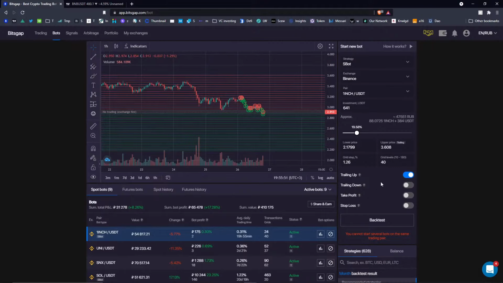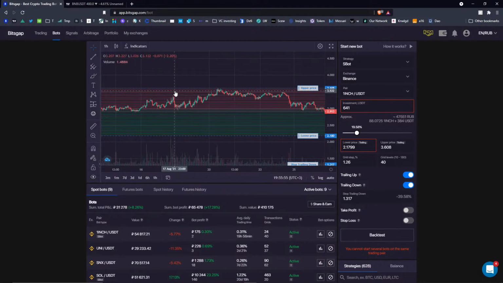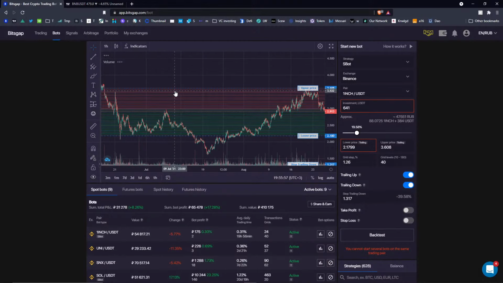And in addition to these trading up, trading down tools, you can come up with different bots. That's the aim of Bitsgap: to bring you the ultimate technological solutions, not just blindly releasing a DCA bot.